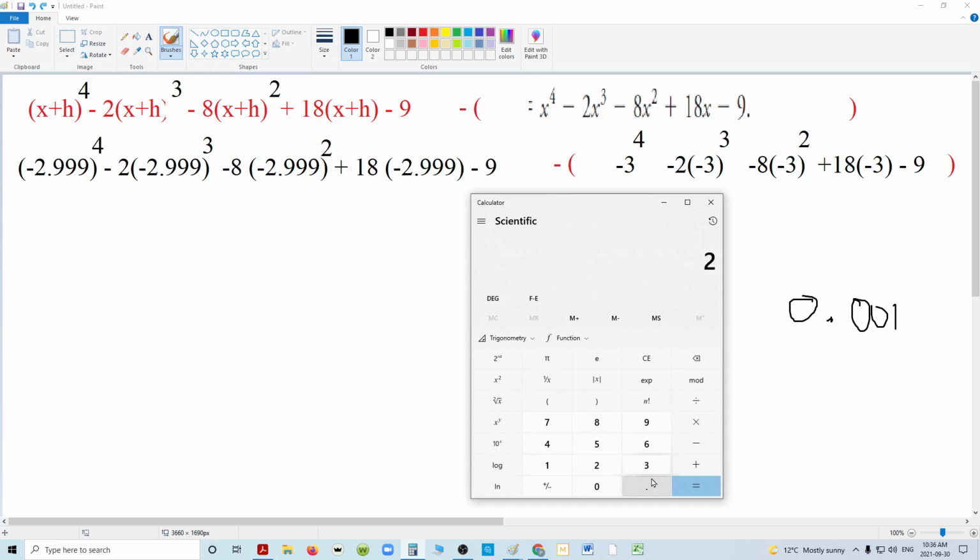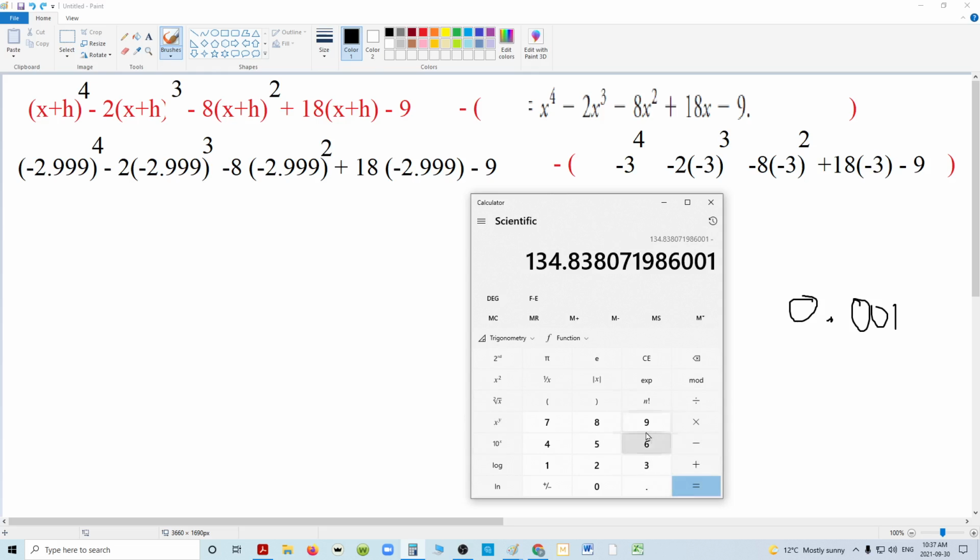So I'm going to take 0.29999. I'm going to add that into memory, and I'm just going to put that to the 4 because a minus cubed is going to become positive. And I'm going to do minus 2 times my memory to the power of 3 and hit equals each time.